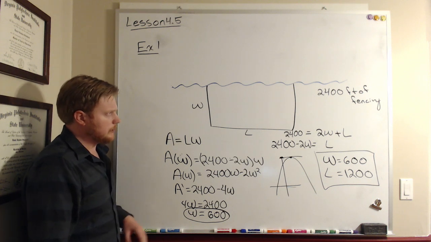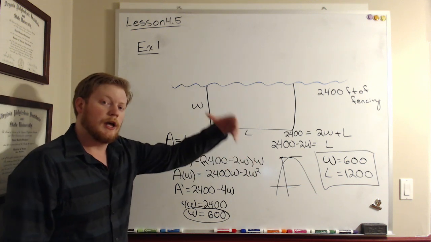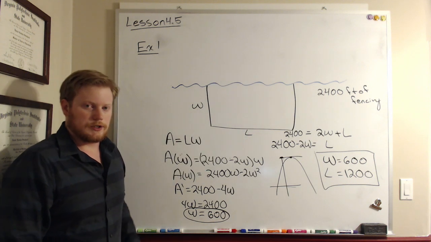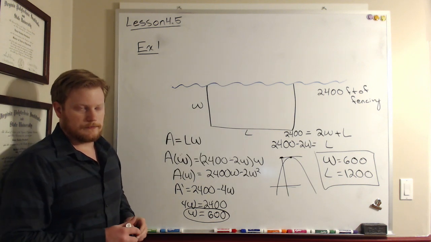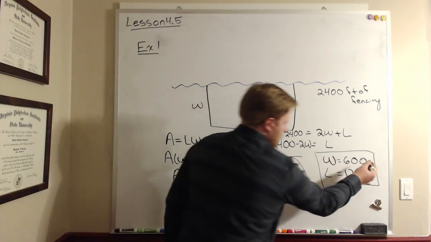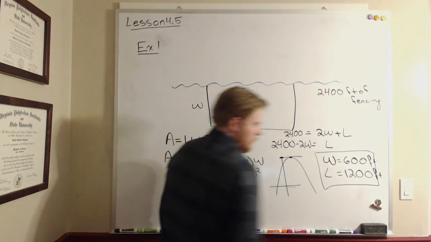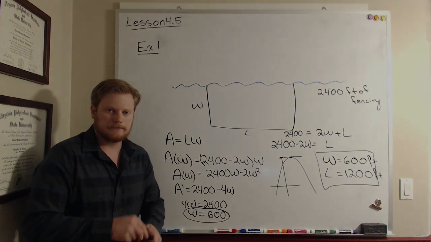I'm not sure what that is, but that wasn't the question. The question was, what are the dimensions that yield the largest area? And I guess we need some units on there. They're linear feet.